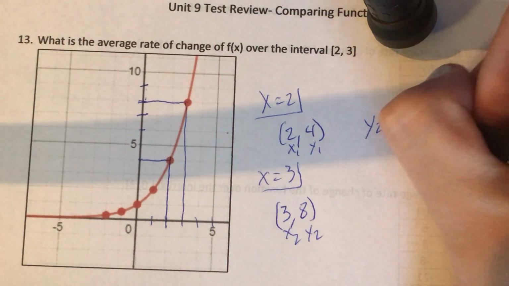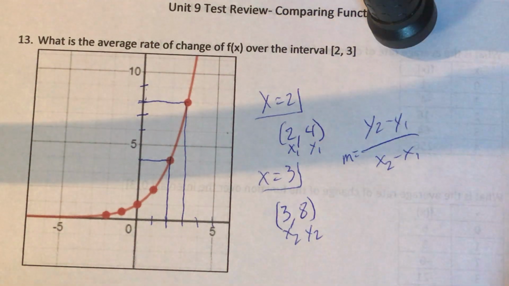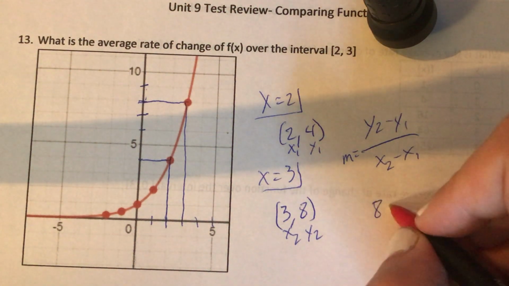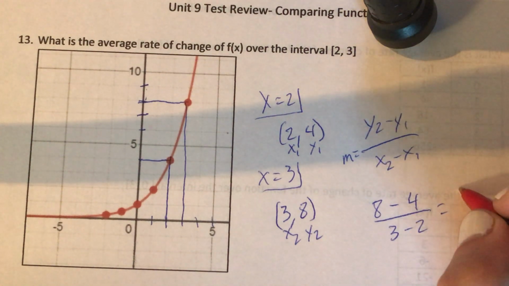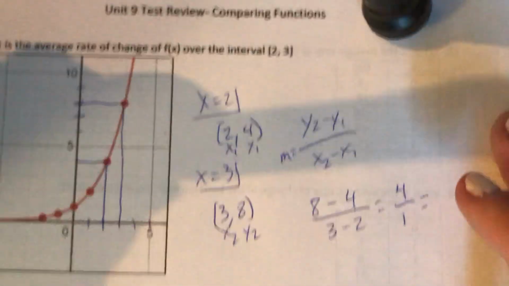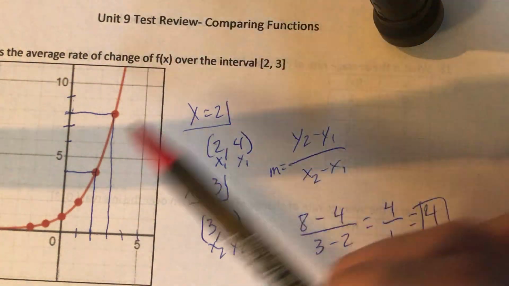I'm going to plug them into my slope formula. You need to have this formula memorized. I'm not going to give it to you. We've been doing this enough, you should know what that is. So this is 8 minus 4, and then 3 minus 2. 4 all over 1, or 4, is my average rate of change from 2 to 3 on this graph.